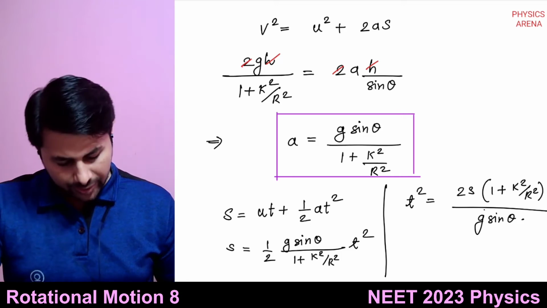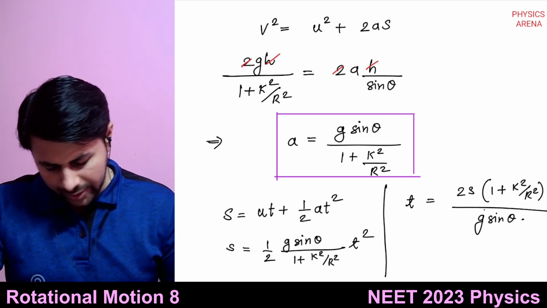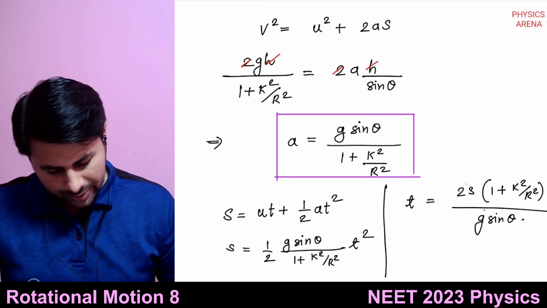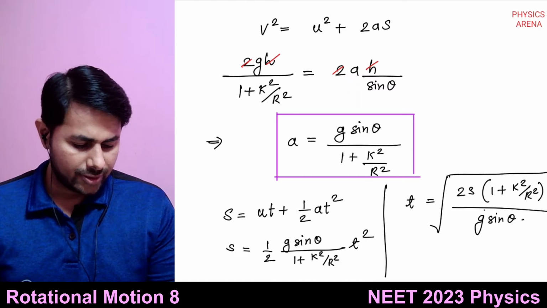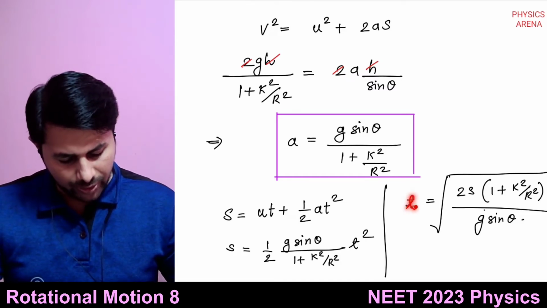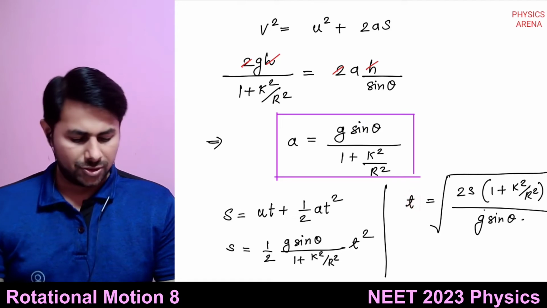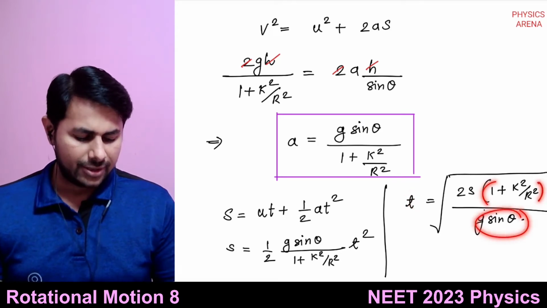This is t square, and we want t, so we will take the square root of that. This is the formula for t, the time period: square root of 2s multiplied by 1 plus k square upon r square divided by g sine theta.